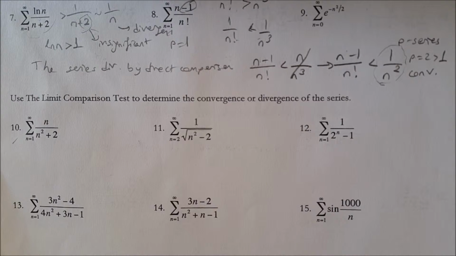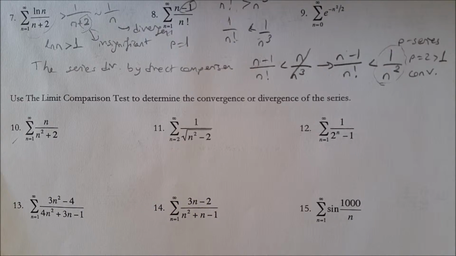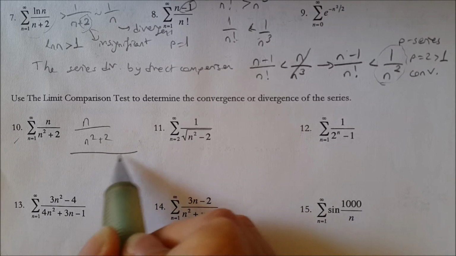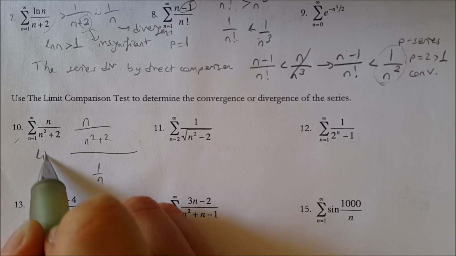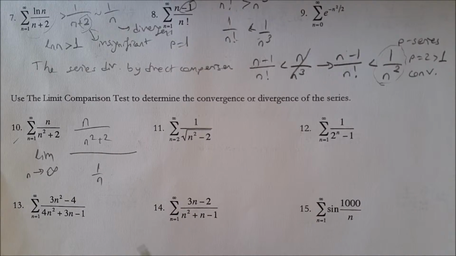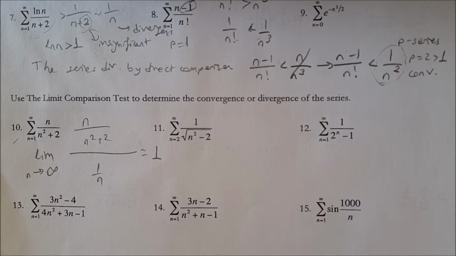One other comparison method is called the limit comparison test. For example, in the first one, we can compare this with 1 over n, and take the limit as n approaches infinity. As n approaches infinity, we get the limit of this to be 1.